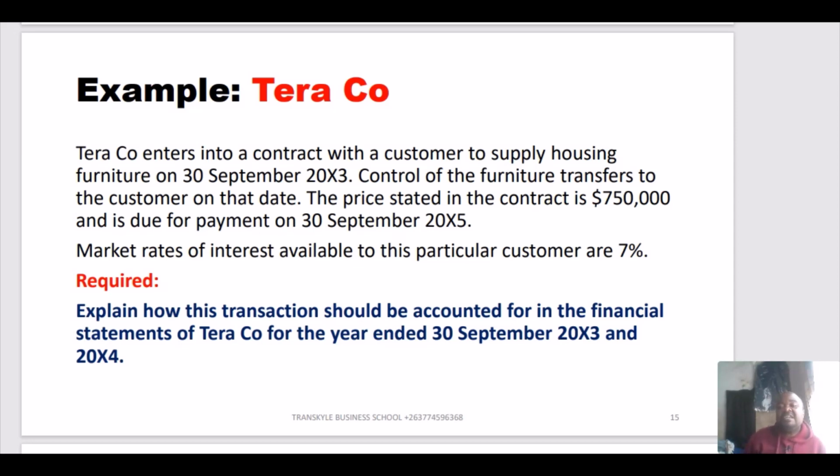The price stated in the contract is 750,000 and is due for payment on 30 September 20x5. How many years are we talking about here? That is 2 years, from 30 September 20x3 to 30 September 20x5. Market rates of interest available to this particular customer are 7.